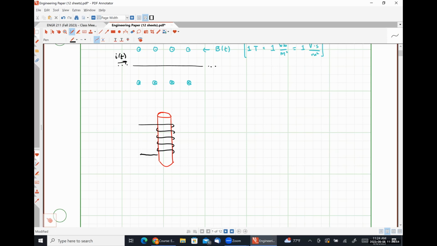Forming a coil. I of t will be flowing into that top terminal, flowing out of the bottom terminal. Let's say that this coil has N number of turns.